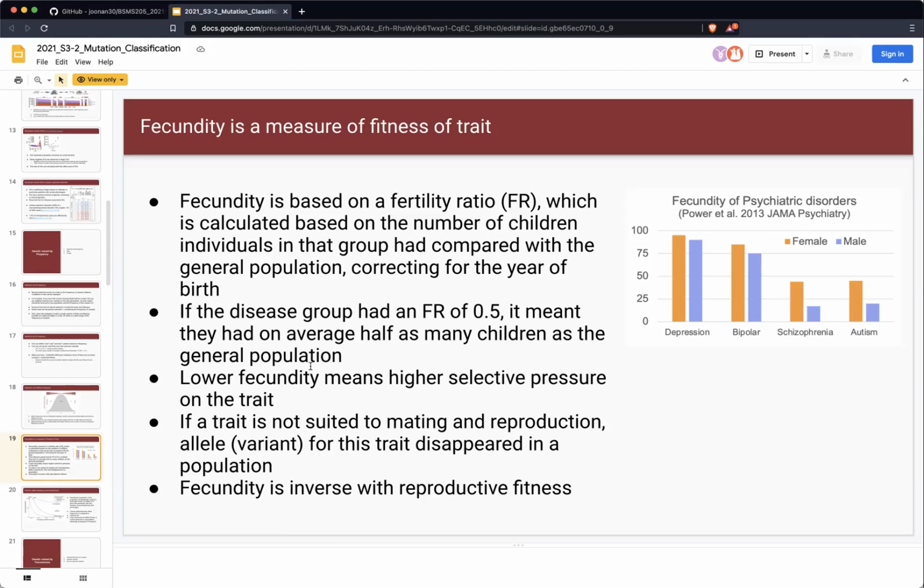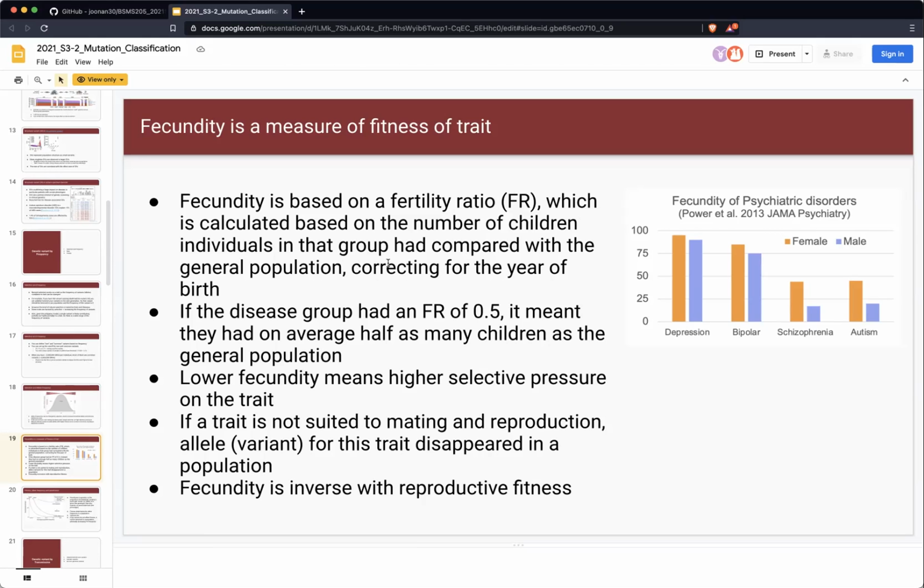Fecundity is based on the fertility ratio, so we can simply replace it with the term fertility. This is basically calculating the number of children in the group and comparing with the general population, given the number of births every year.